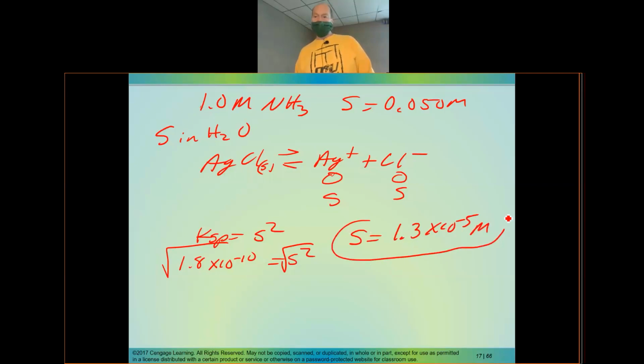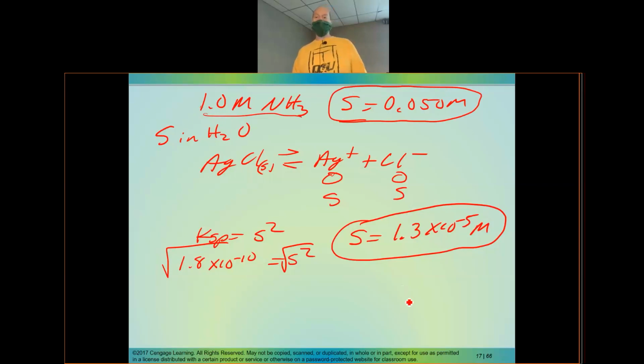All right, so you see a huge increase in solubility when you added the NH3. Without the NH3, your solubility is 1.3 times 10 to the minus 5. When we added the NH3, the solubility went up by a factor of about 3,000, 10 to the third. It is much more soluble now.